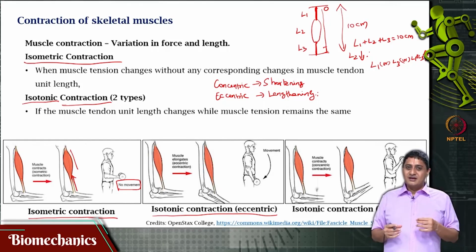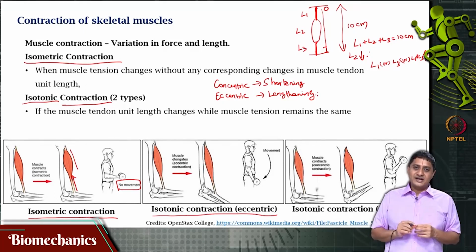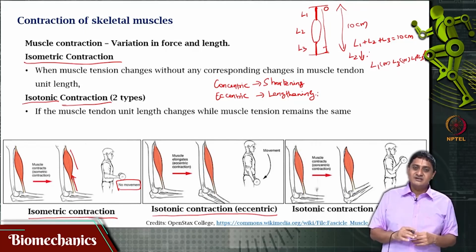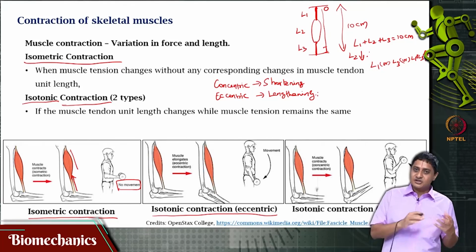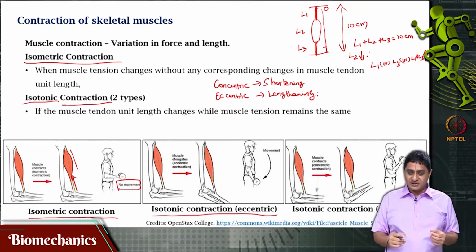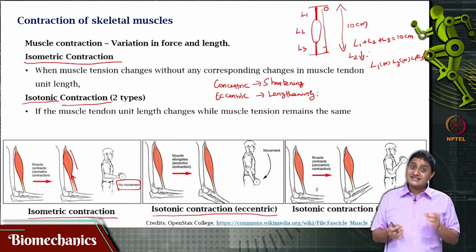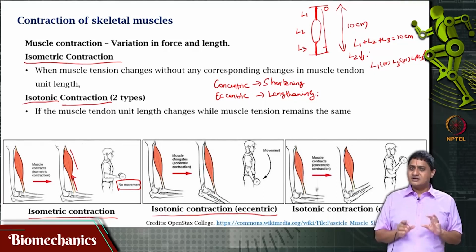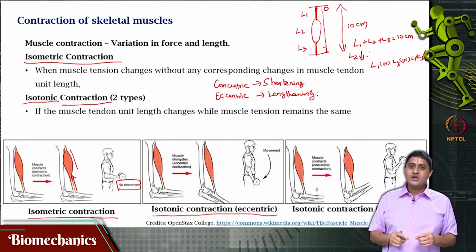So, the bones are moving in a particular direction in line with the expectation based on the contraction of the muscle. So, the muscle is contracting, bones are moving as expected. That is called concentric contraction or shortening contraction.